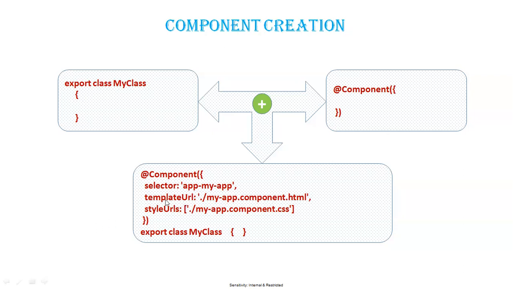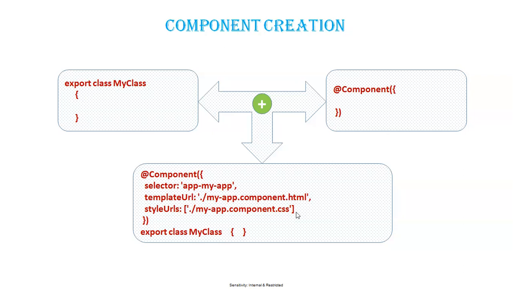You can see how I will specify my HTML file. I will be using a attribute in my component annotation, template URL. There I will specify what is my HTML file. And by using style URLs, I can list out, you can look at the syntax, it's a array, I can list out n number of CSS file based on my requirement.